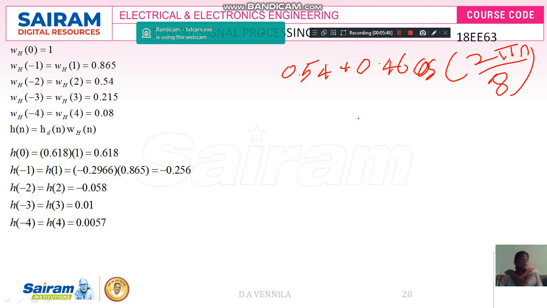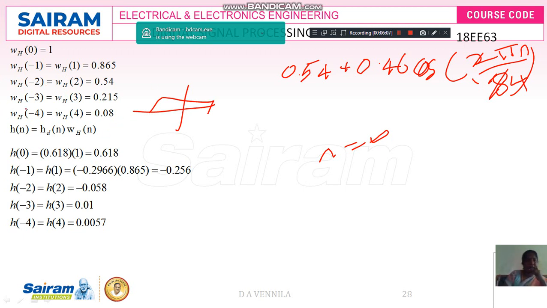Now substitute n equal to 0, n equal to 1 up to n equal to 4. Here it is symmetric, so I'm going to find only 1, 2, 3, 4. The remaining will be the same.